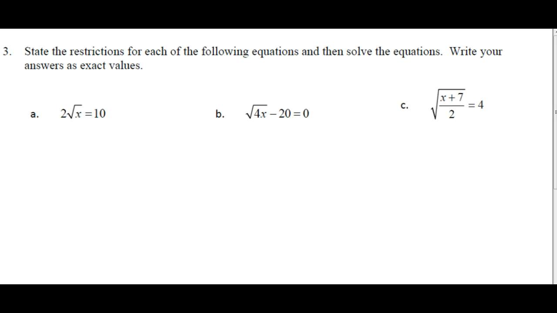So state restrictions and then solve the equations, writing your answers as exact values. What's the first step to solve this? Divide by 2.